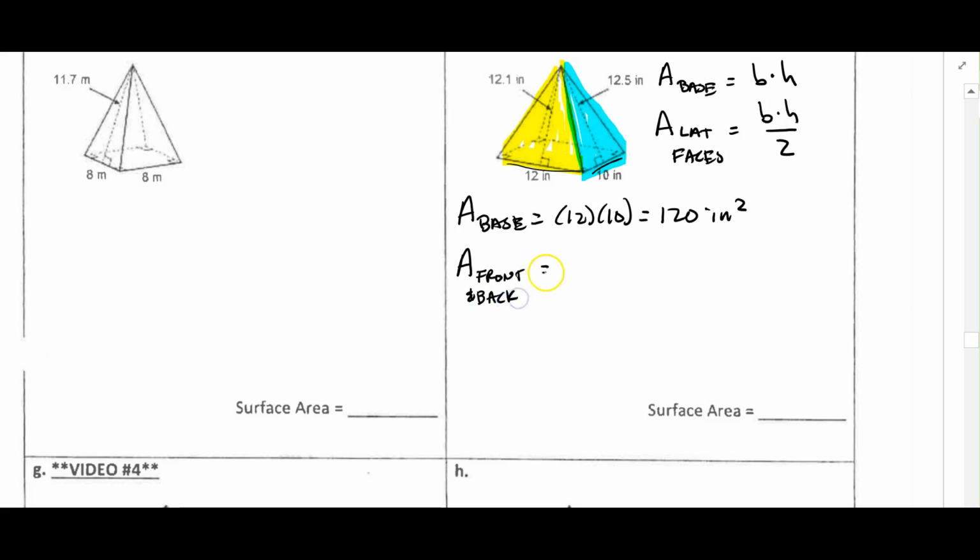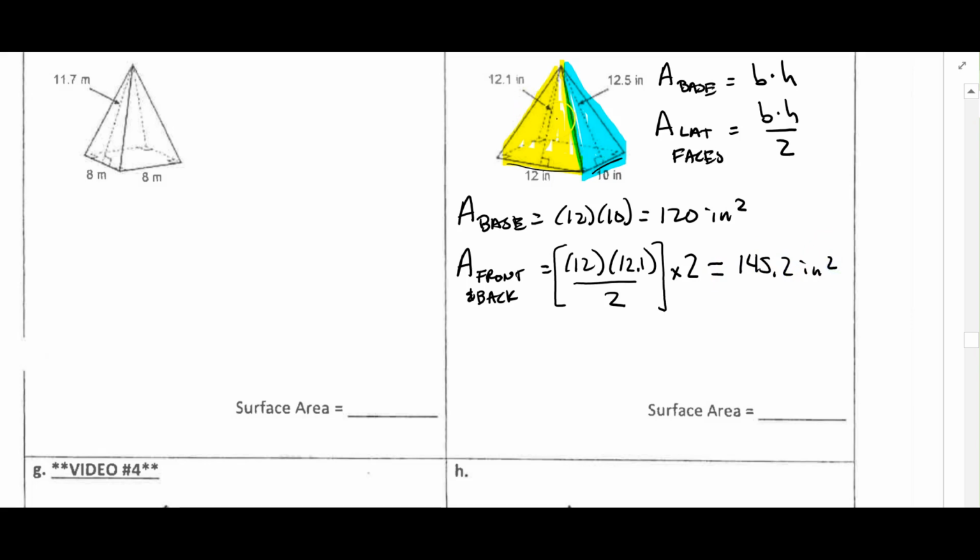Those are just triangles, so that's going to be base, which is 12, times the height, which is 12.1, divided by 2, and then we have a front and a back, so I'm going to multiply that by 2, and that should come out to 145.2 inches squared.